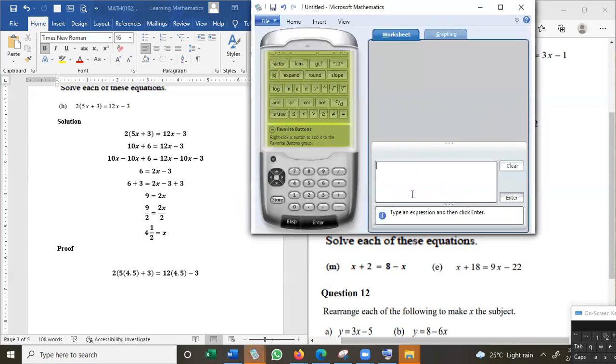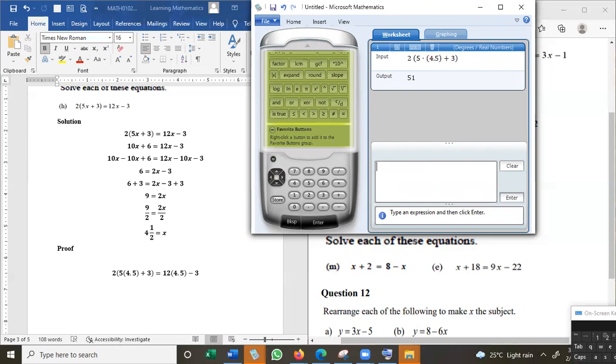Okay, let's check it out. So we have 2 open bracket 5 times 4.5 close bracket, where we have to add 3. That gives 51. 25.5 times 2.